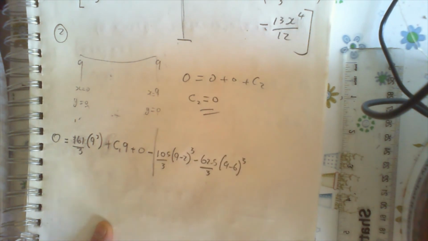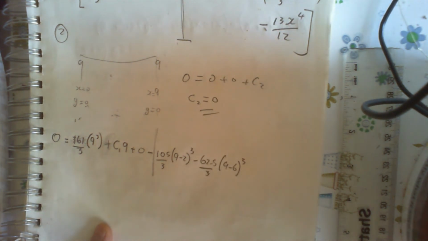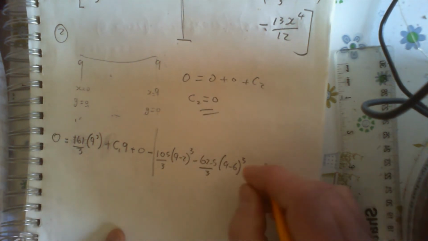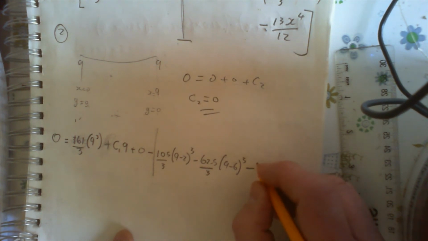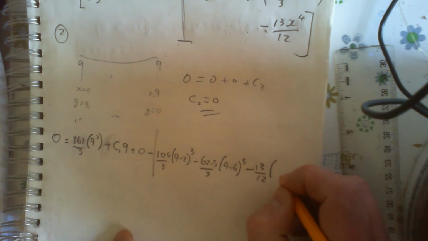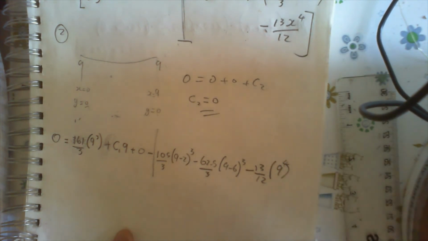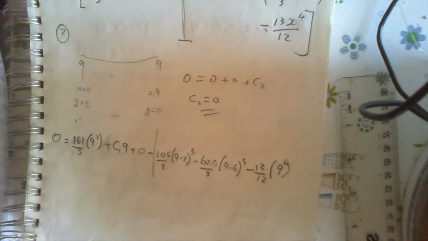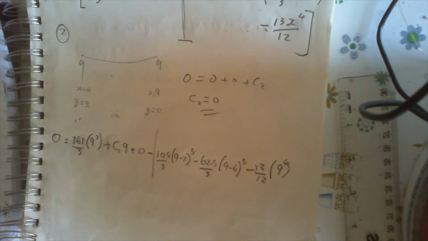That's that part, you can see that, and then minus 13 over 12, and that's 9 to the power of 4. Right, and when we work all that out, let's see.